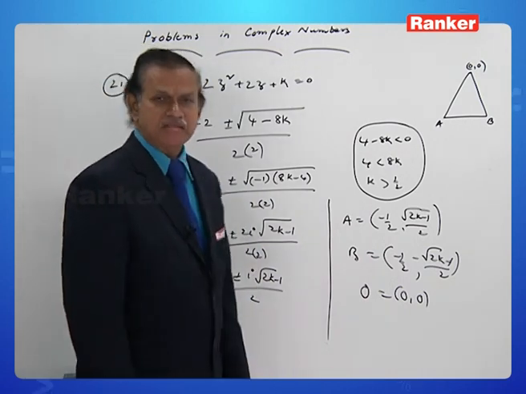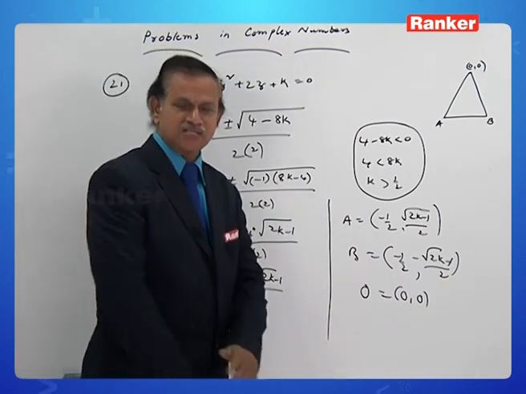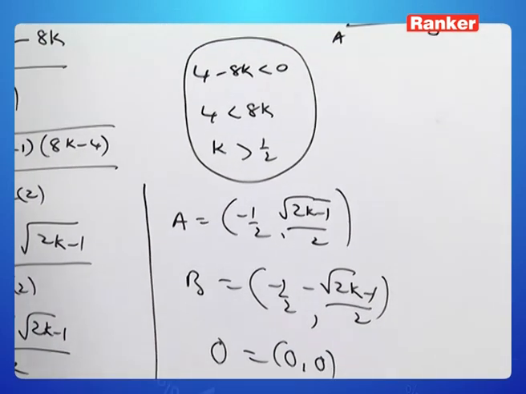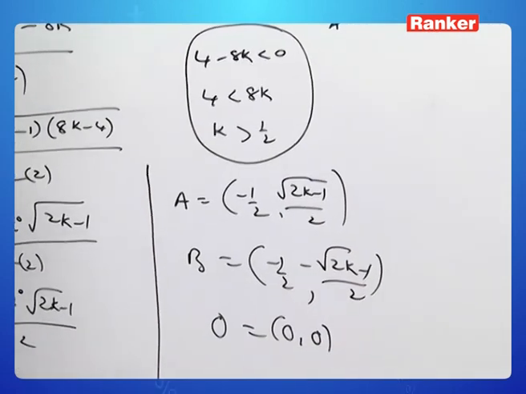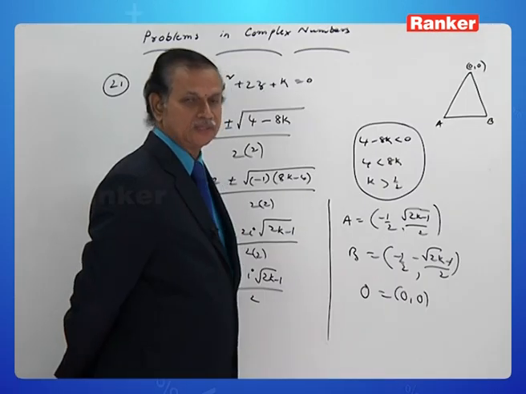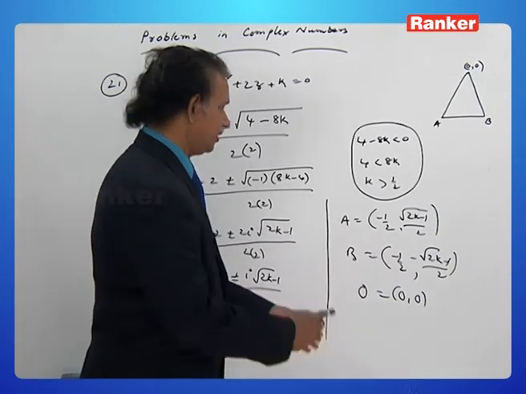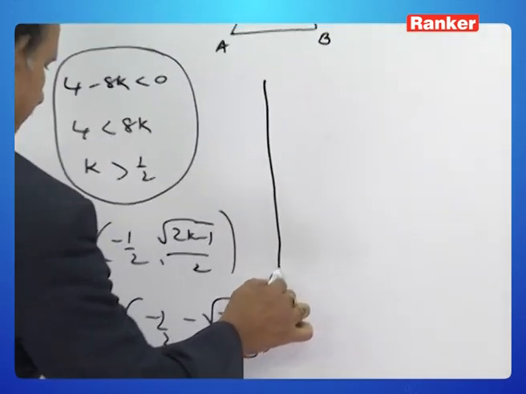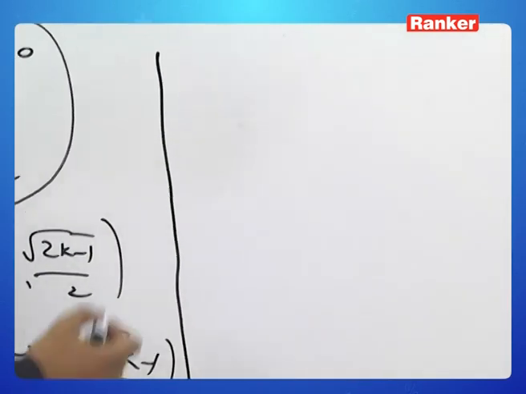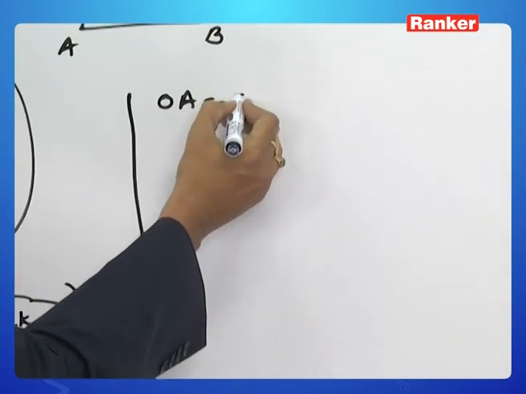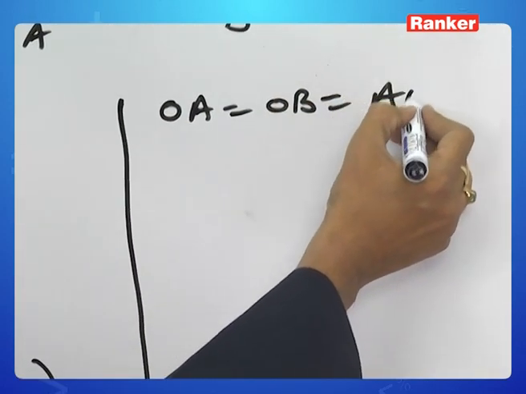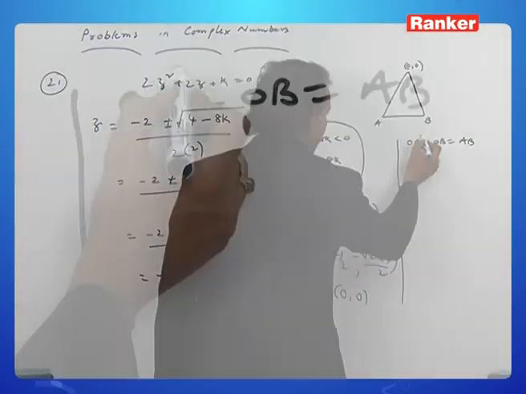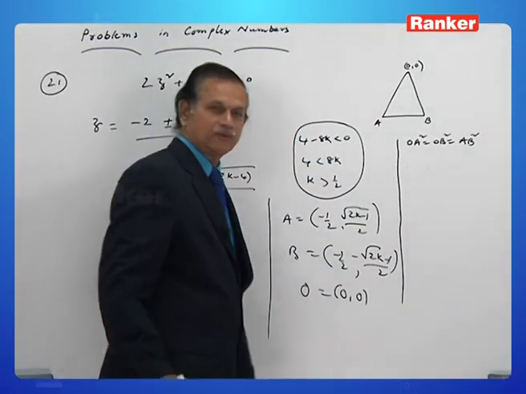We believe that these three are of course the vertices of an equilateral triangle. So that we must be having OA is equal to OB is equal to AB, isn't it? OA square is equal to OB square is equal to AB square.